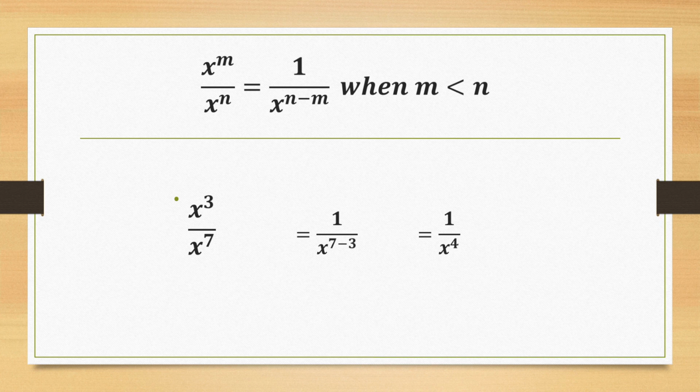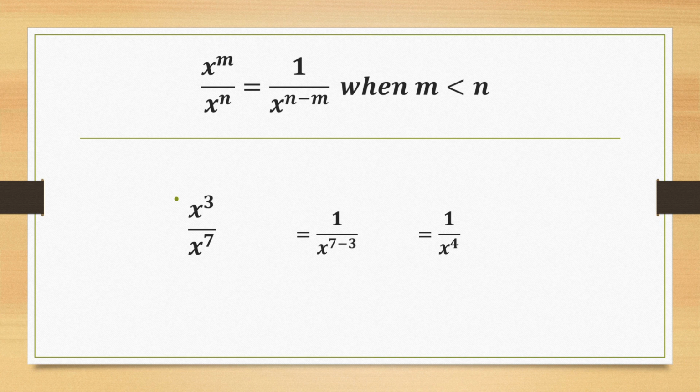Quotient rule number 3. x raised to the power of m over x raised to the power of n. When m is less than n, we just simply find the quotient as this: 1 over x raised to the power of n minus m. Let's have this example. x raised to the power of 3 over x raised to the power of 7.